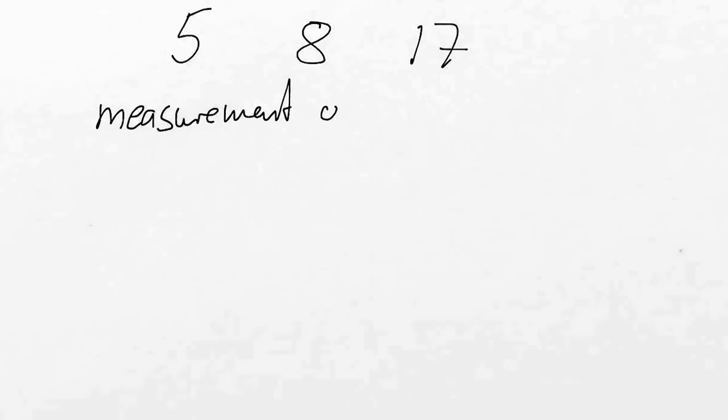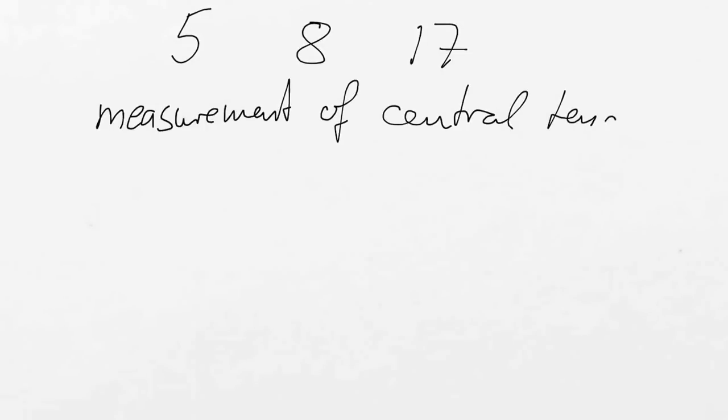So what we can do, for example, is define the mean, a measurement of central tendency. And for this central tendency, I basically ask the question, what is the easiest way to summarize these data?